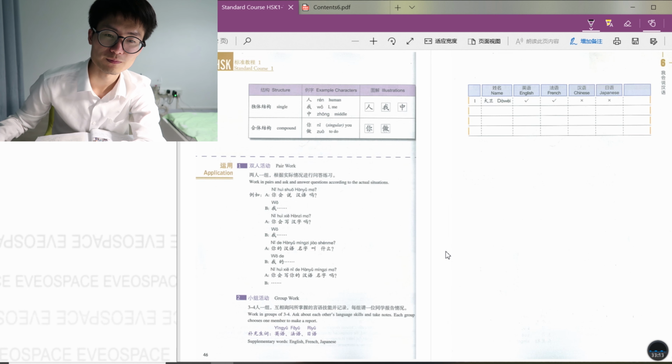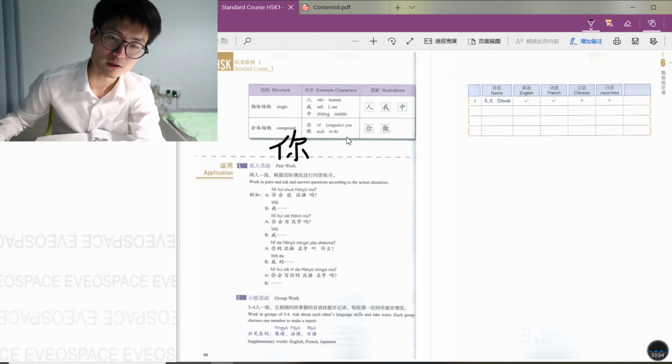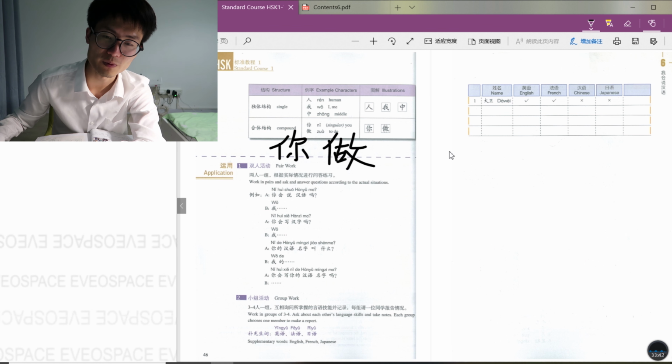Okay, like 人, 我, 中, they're all single structure. Okay, and then we have 你 and 做. Okay, this one consists of 3 parts. Okay, first this one, which means a person.